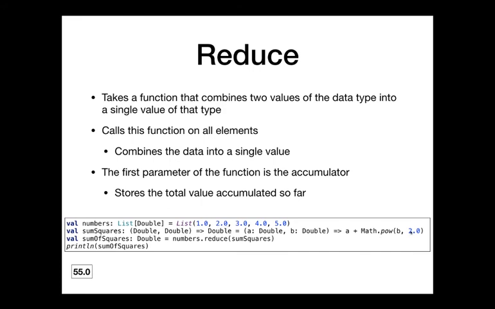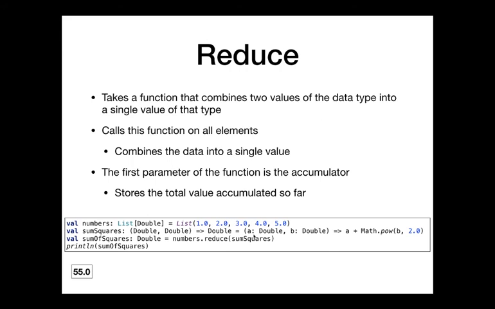I'm going to square 2, add that to 1, and get 5. The next time sum squares is called, A is going to be 5. B is going to be the next element in my data structure, 3. I'm going to square 3, add that to 5, and get 14. Then A is 14, B is 4, and keep going throughout the entire data structure like that.